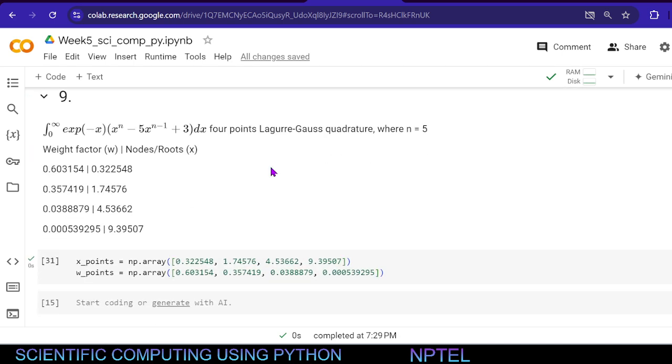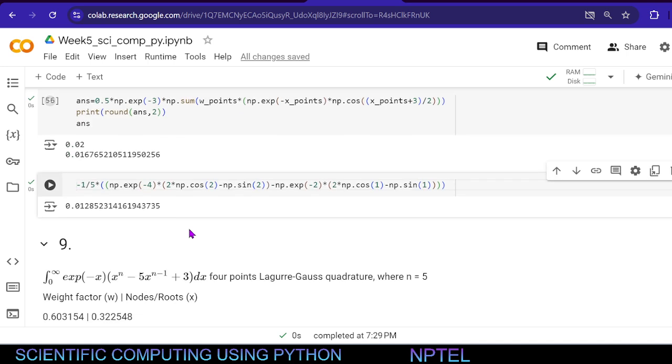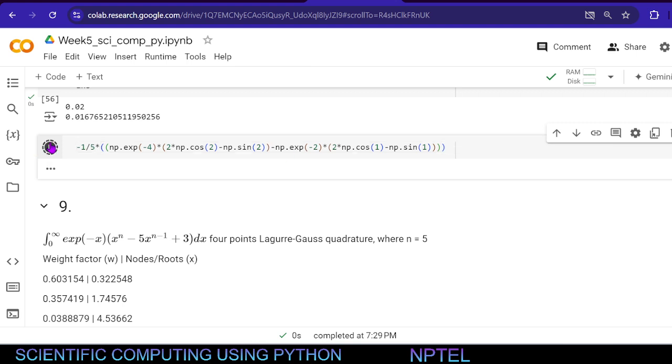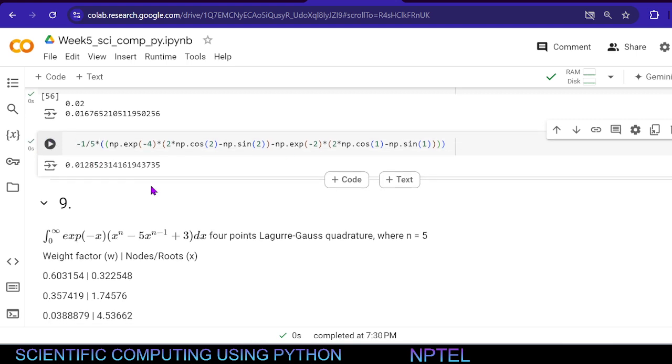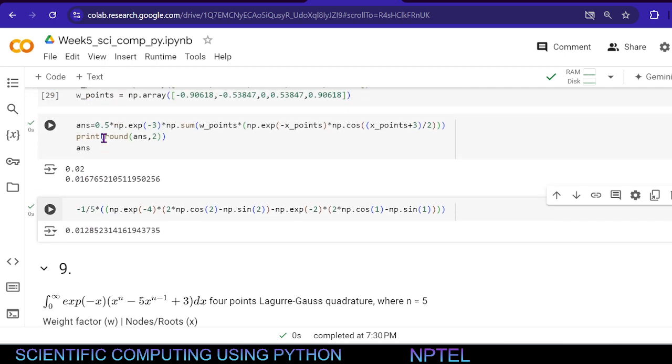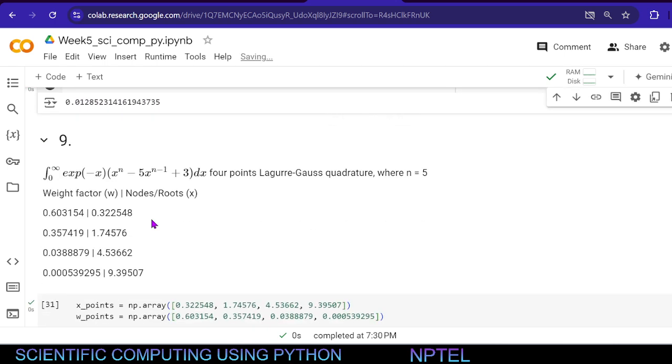And then the next question. This we'll do again if this is not correct, because I evaluated analytically also, and it turns out to be 0.012, and it is 0.016, so probably correct.